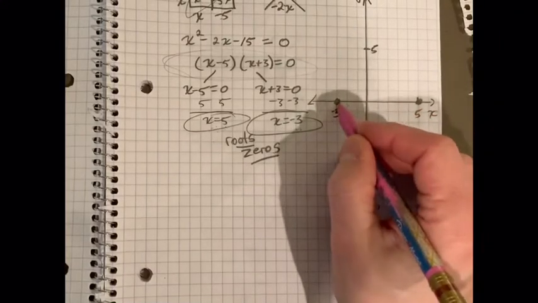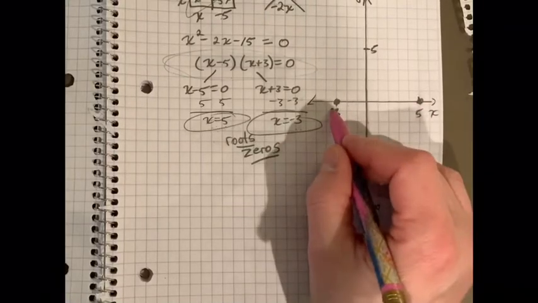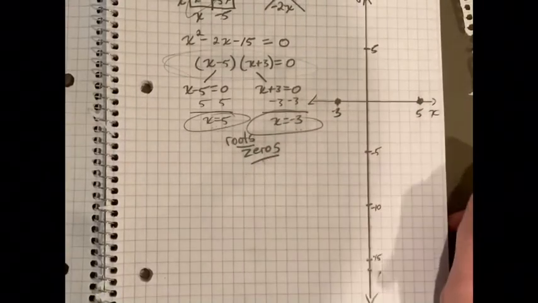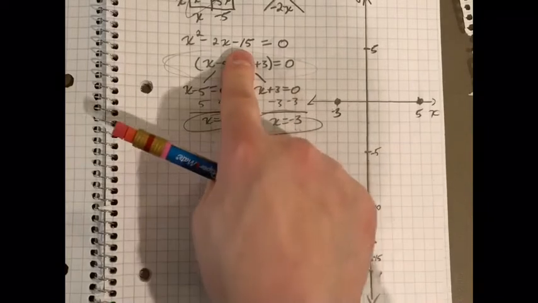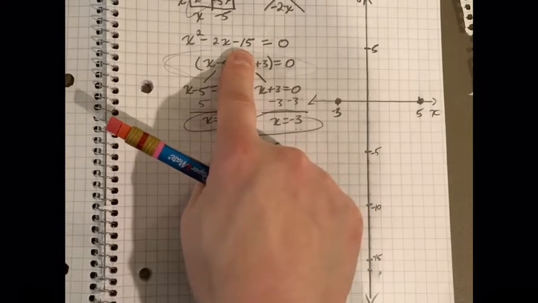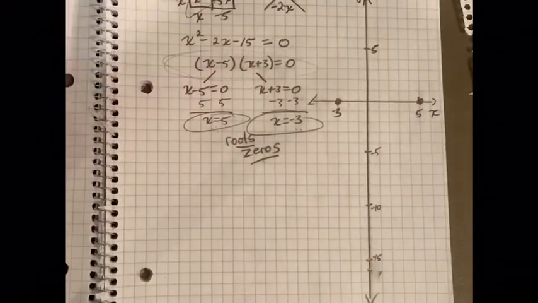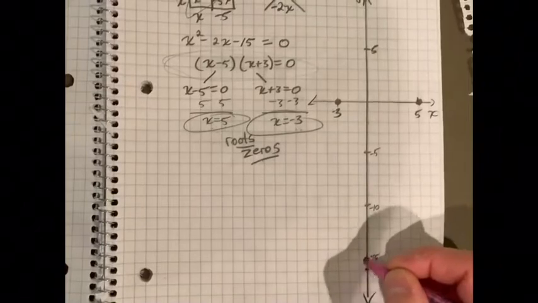So we know it intercepts here and here: 5, 0 and negative 3, 0. That's why they call them the zeros. And since our third term, the c, is negative 15, that's our y-intercept, because you plug in 0 here and get negative 15. So we have negative 15 also down here.